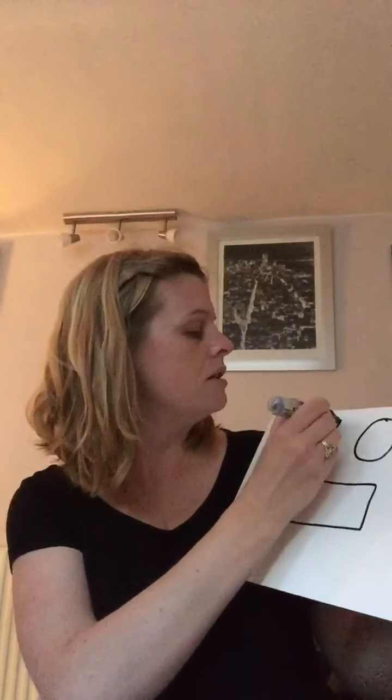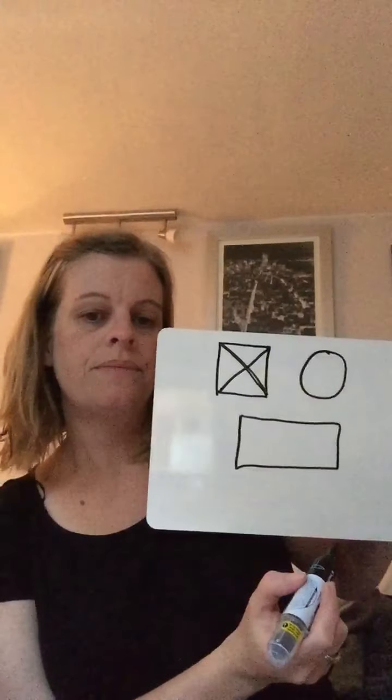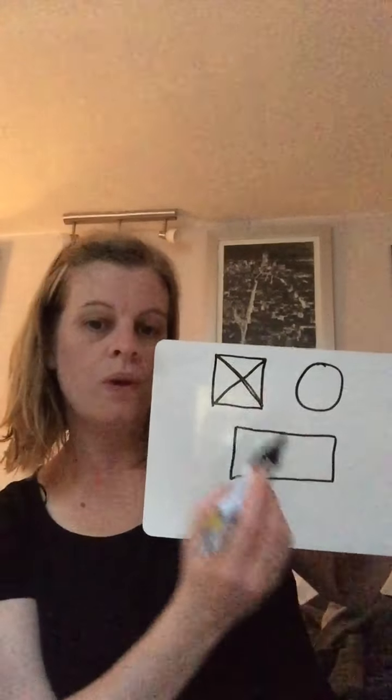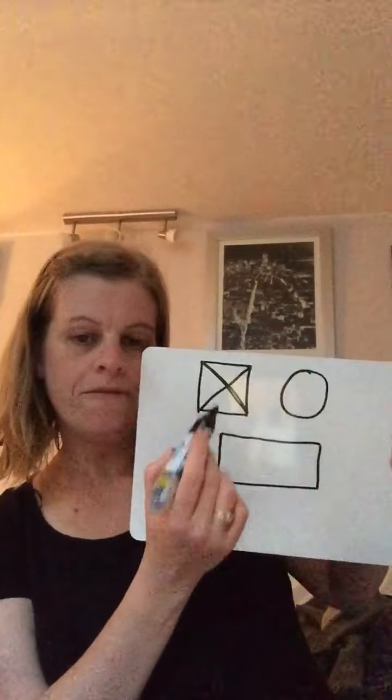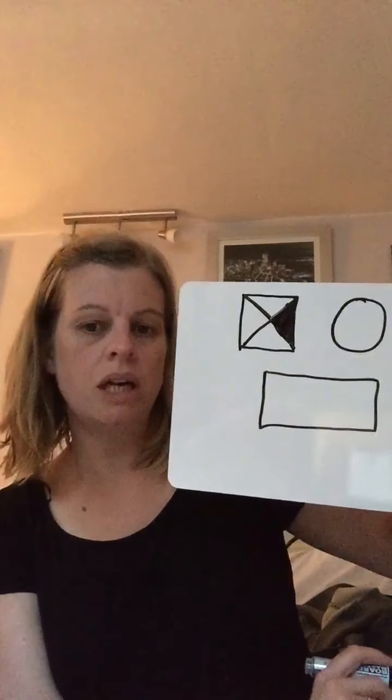I've split it into half. Now, look. I've split it into 1, 2, 3, 4. So if I want to find a quarter, I would colour in one of them. So I've coloured in 1 quarter.